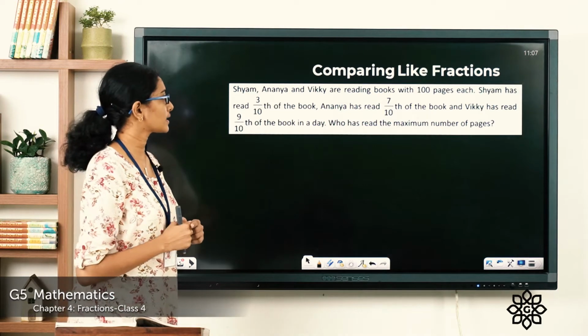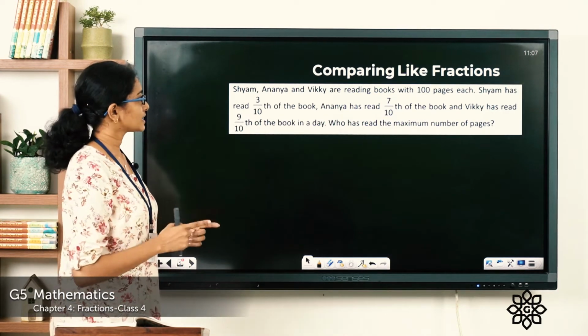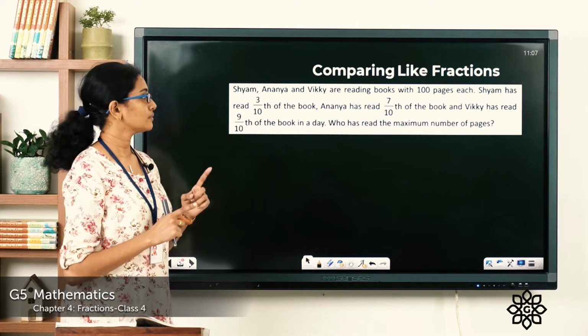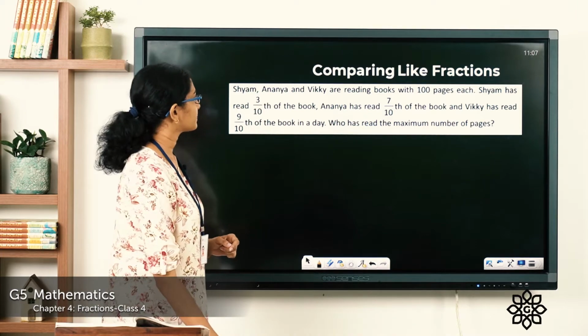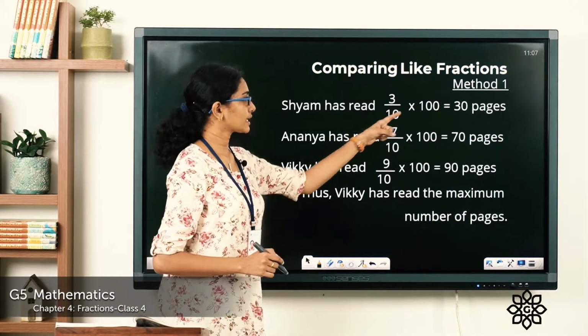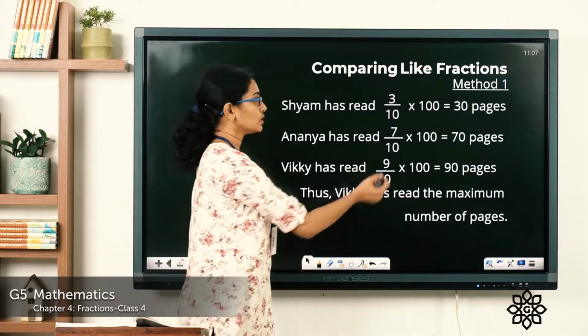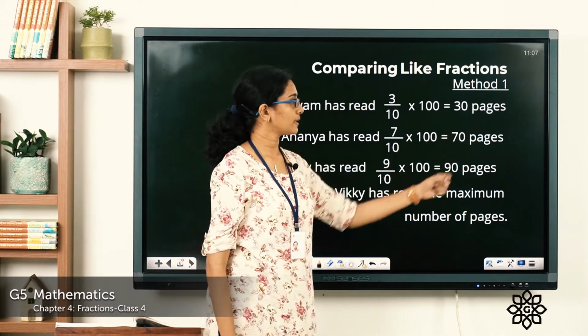We can do this question in 2 methods. Let's see the first method. Let's find out how many pages each of them read. How do we find that? Shyam has read 3 by 10th of 100, which is 3 by 10 into 100, that is equal to 30 pages.